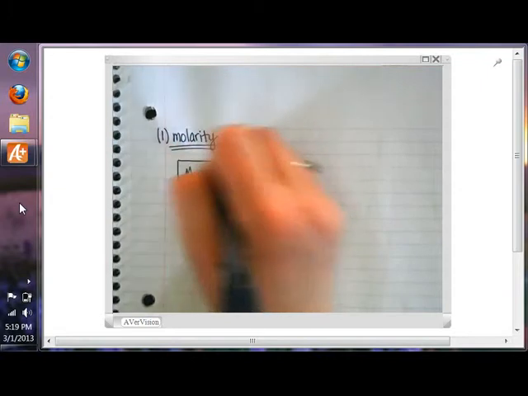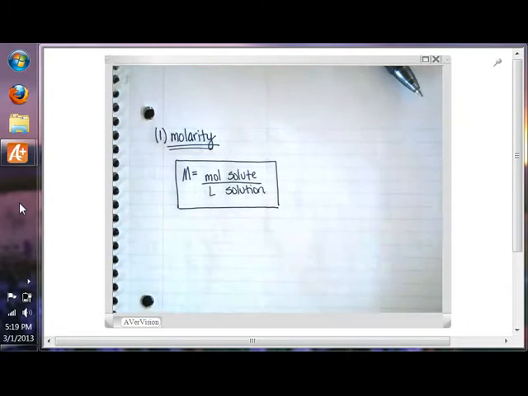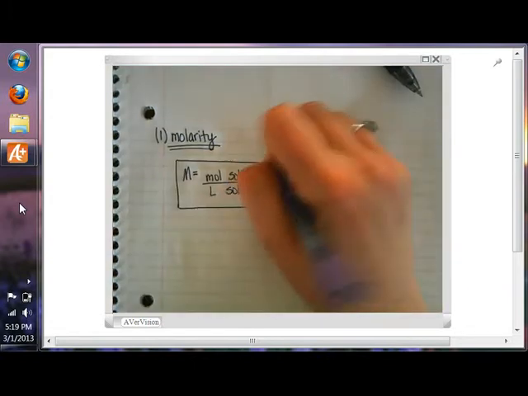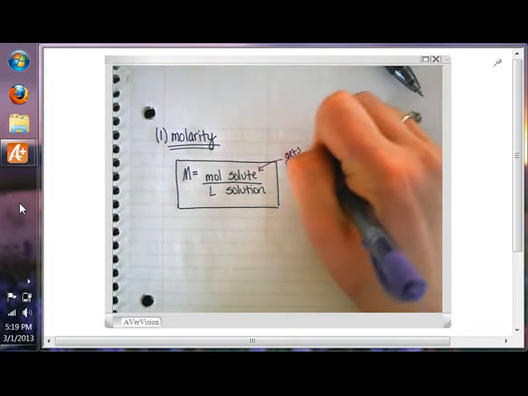And remember that the solute, that's what gets dissolved. So that's things like salt and sugar.